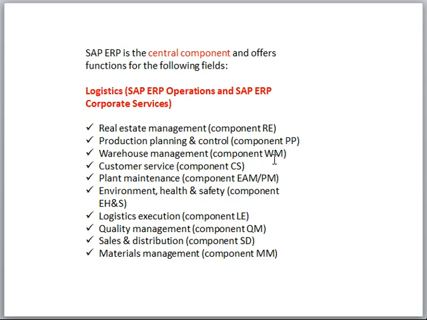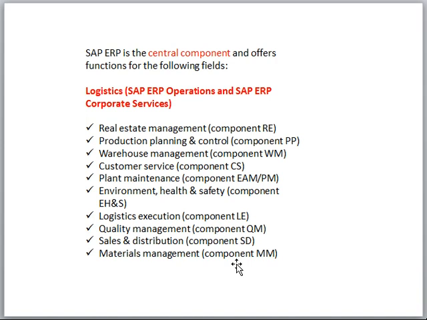Warehouse management, WM, and customer service, CS. Plant maintenance is PM, and environment, health and safety, EH and S. Logistics execution LE, quality management QM, sales and distribution SD, material management MM.